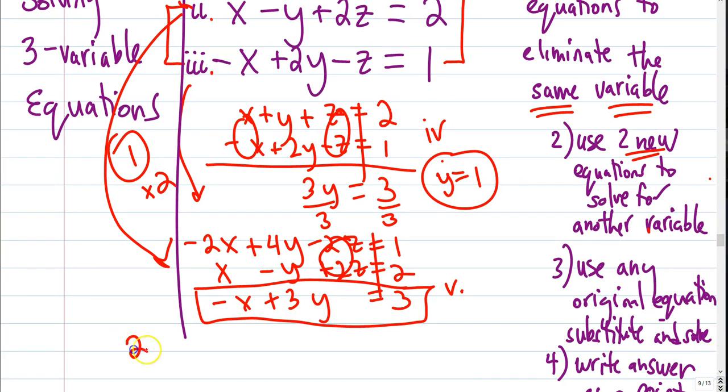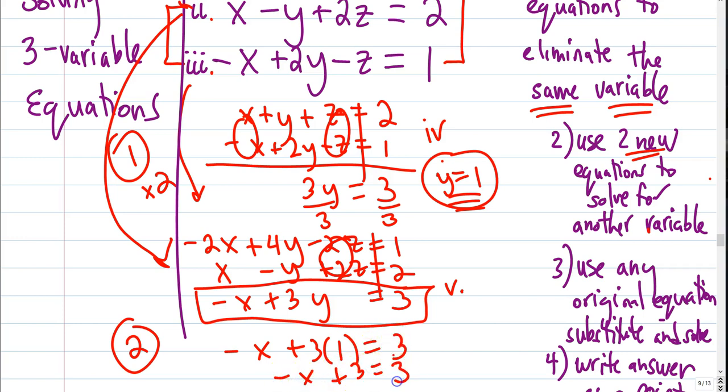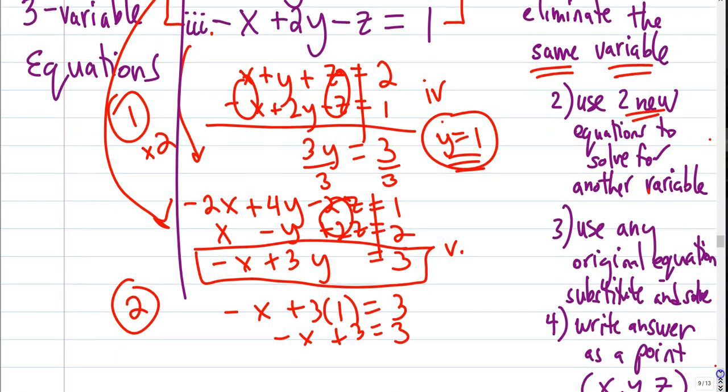I'm actually really fortunate, I can plug in this y, so I can say negative x plus 3 times y, 1, equals 3. Negative x plus 3 equals 3. Keep solving. Negative x is equal to 0. Dividing by the negative, x is equal to 0.